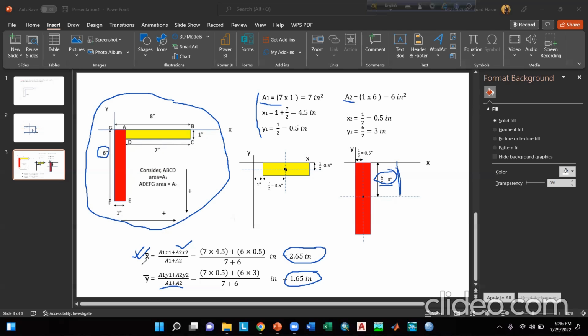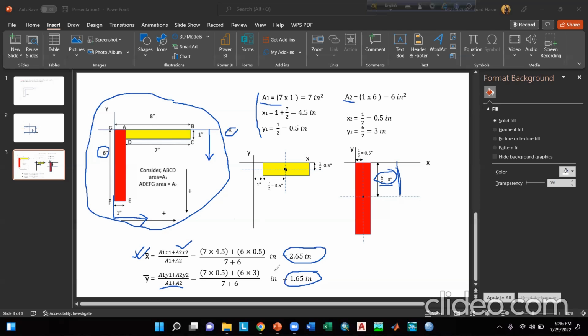So here x bar will represent the distance 2.65 inch from the reference y-axis on this side, and y bar, which is equal to 1.65 inch, will represent the distance from this reference x-axis.